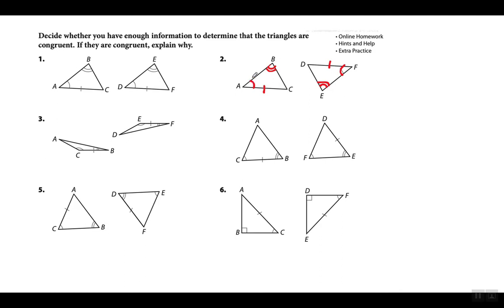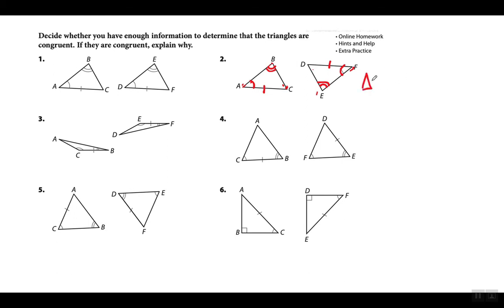Vamos a seguir la orden de las letras para no confundirnos. Triangle ABC, alphabetical order, ABC. So it's going from the one line to the two line to the no line. And this is the side that they have in common. Now let's compare it to F. This one's not in alphabetical order, but FED.